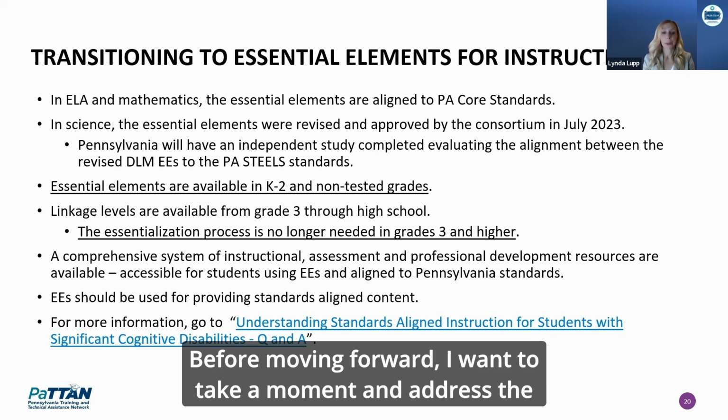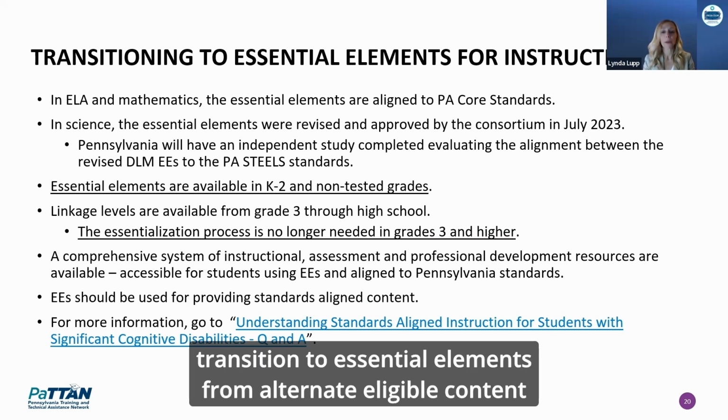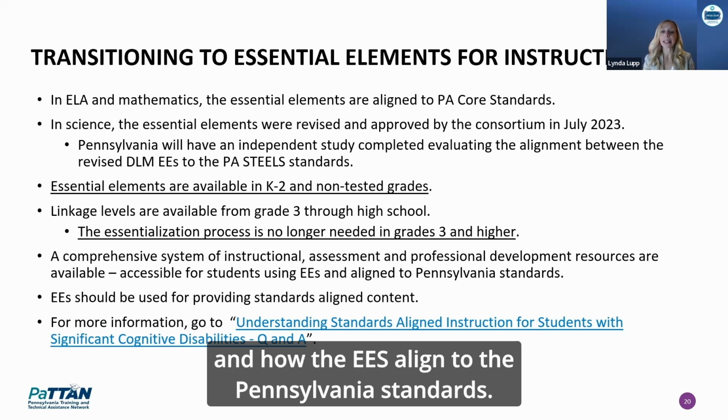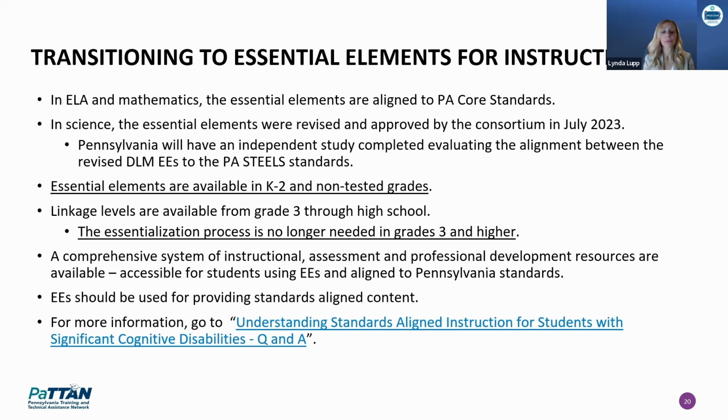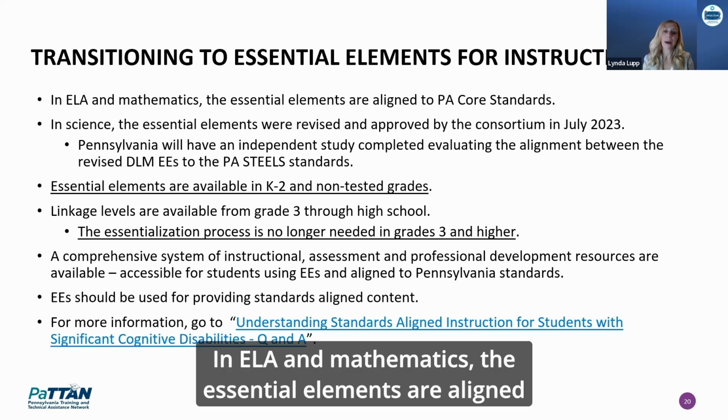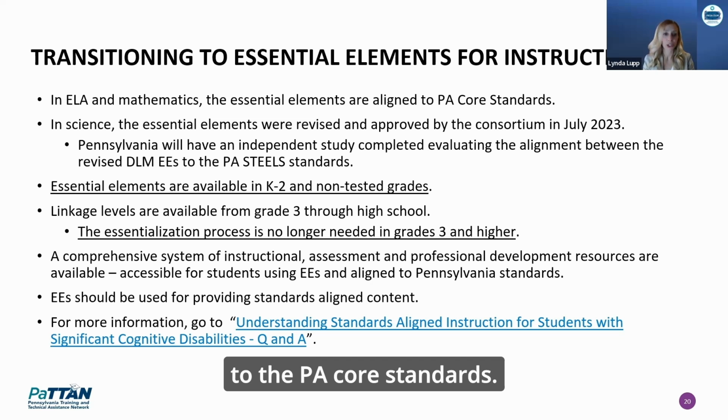Before moving forward, I want to take a moment and address the transition to essential elements from alternate eligible content and how the EEs align to the Pennsylvania standards. In ELA and mathematics, the essential elements are aligned to the PA core standards.